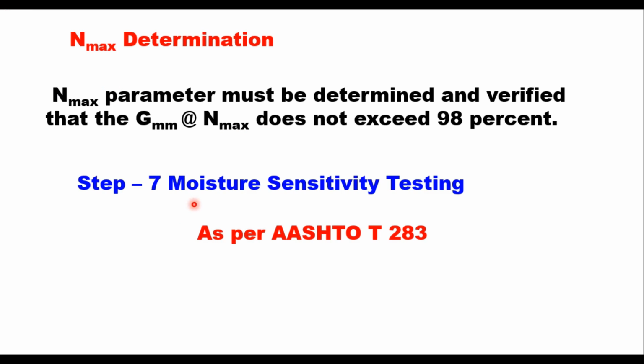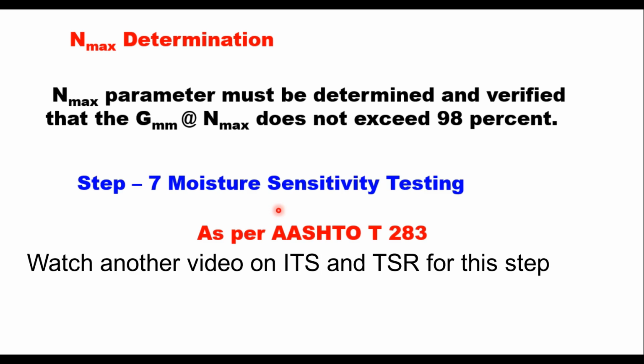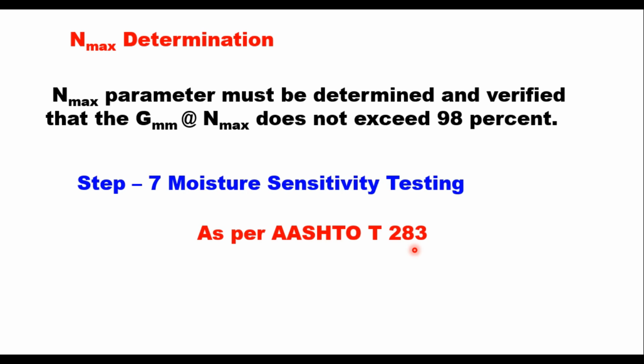This moisture sensitivity of the asphalt mixture is determined as per AASHTO T283, and this is the method of finding ITS, that is indirect tensile strength, and tensile strength ratio TSR of asphalt mixture, and that should not be less than a minimum specified value in the codal provisions.